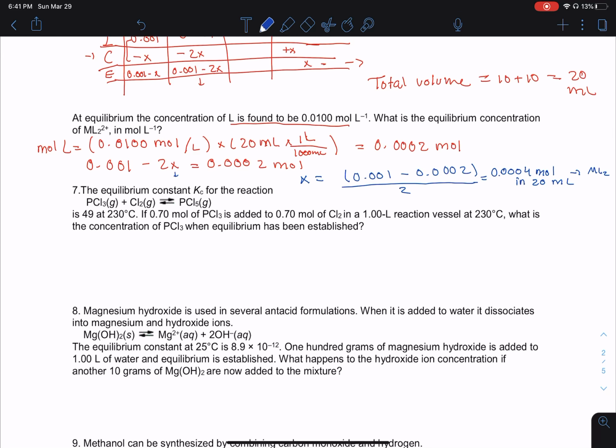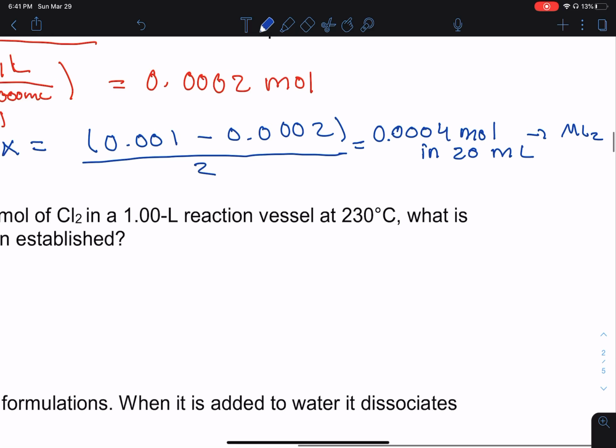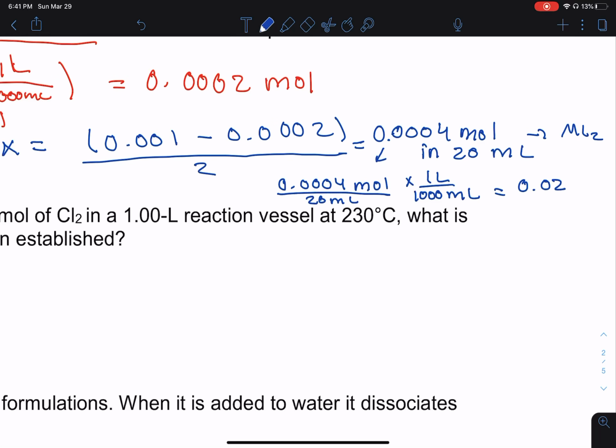So basically, all you're going to have to do is multiply 0.0004 moles over 20 mL, which is basically the expression right here, times 1 liter over 1,000 milliliters, and that will be 0.02 moles per liter.